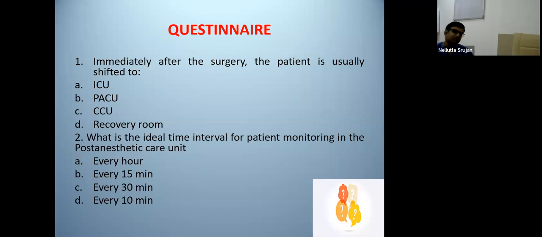I'll just mention all the common questions I get. You can answer once. The most common question is that the last hour the BP was fine and suddenly it comes down to 80/40. So why does that happen? The second question is that the last hour urine output was around 50 ml per hour and this hour urine output comes down. So what might be the cause for such cases?